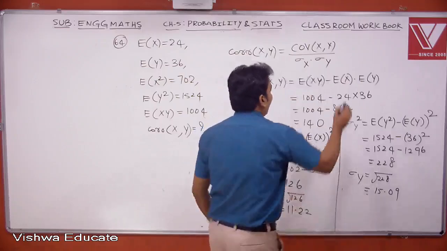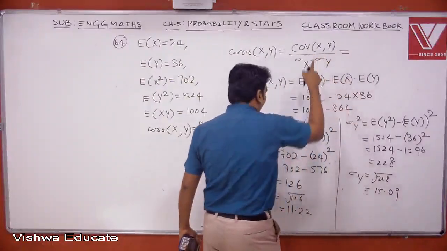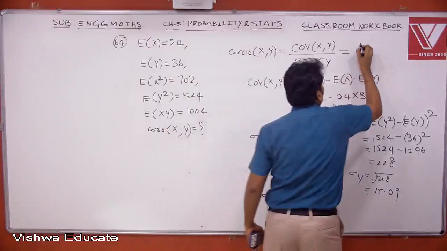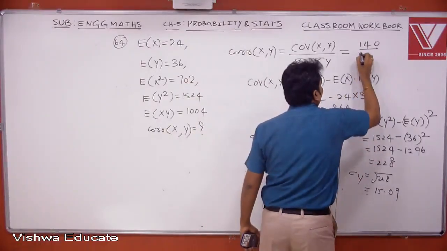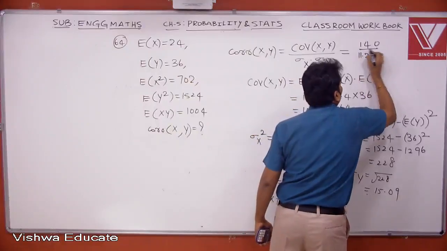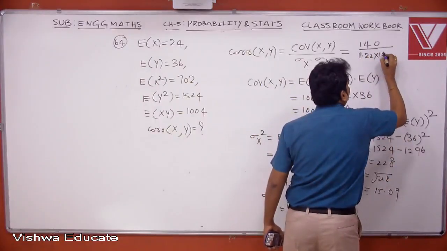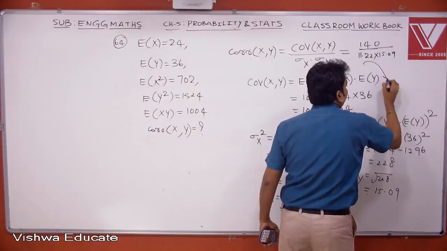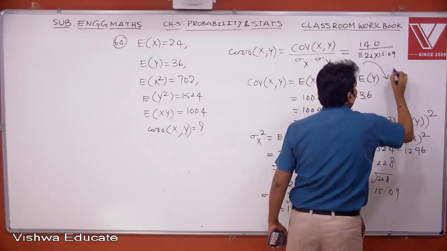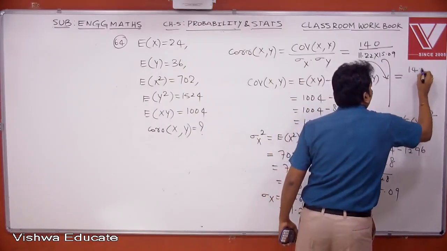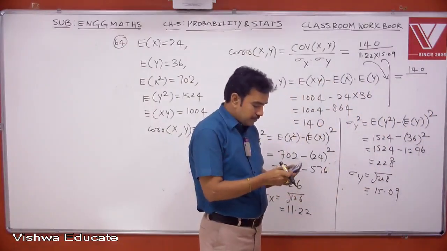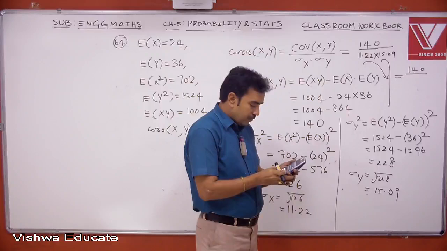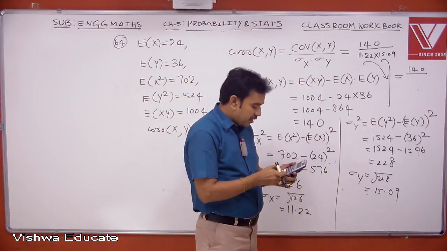Therefore, this expression is the covariance, 140, divided by the standard deviation of x, 11.22, into the standard deviation of y, 15.09. Now, this quantity becomes 140 divided by 11.22 into 15.09.